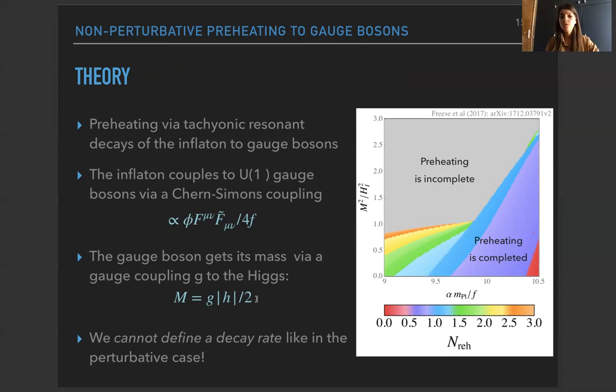So these gauge bosons will also be acquiring their masses from gauge couplings g to the Higgs. The only difference is that you cannot define a decay rate in this case because it's no longer perturbative decays.